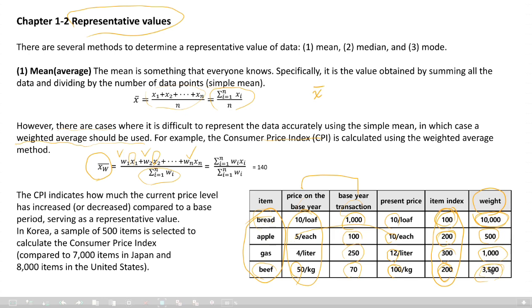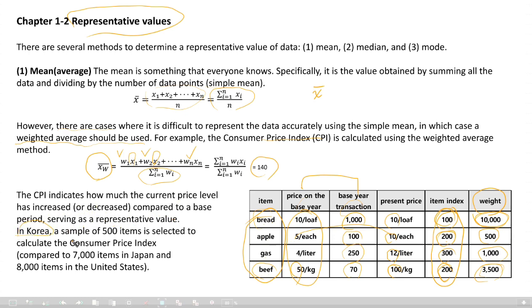You understand that? So if you get the weighted mean with this weight, it's going to be 140. What is that? 40% price up from the base year, right? CPI indicates how much the current price level has increased or decreased compared to a base period, base year, serving as a representative value.